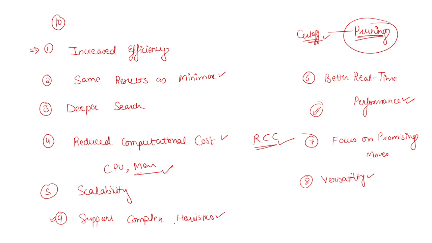The saved computation time can be used to implement more sophisticated evaluation functions, enhancing decision making quality. And the next advantage is improved AI competitiveness. In competitive settings of AI, alpha beta pruning allows AI to match or exceed human performance by analyzing moves faster and more deeply within the same time constraints.